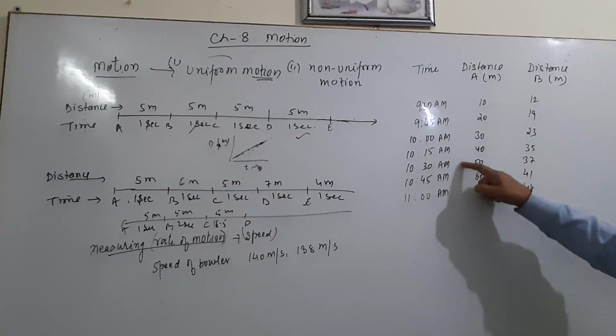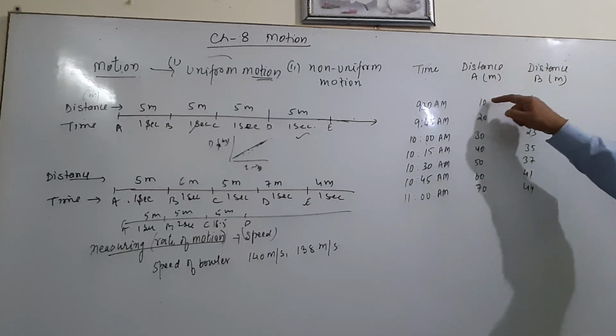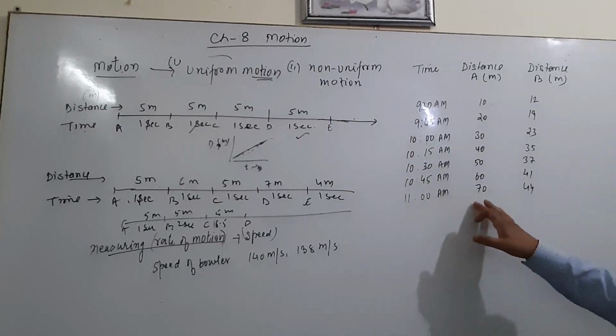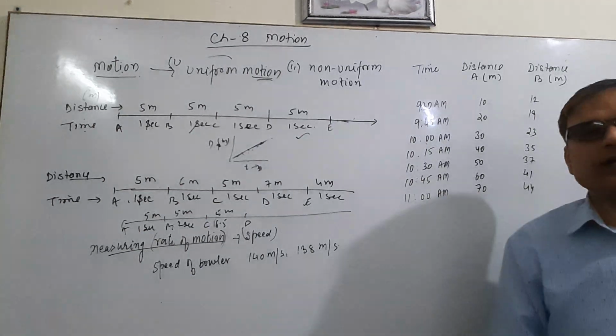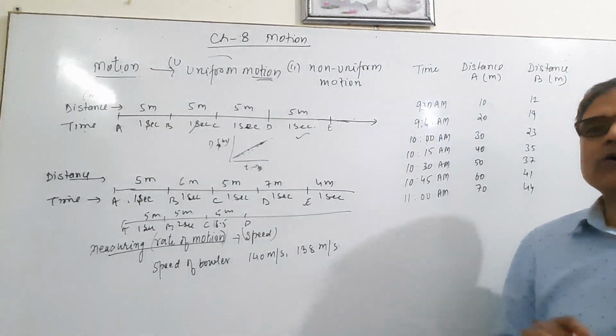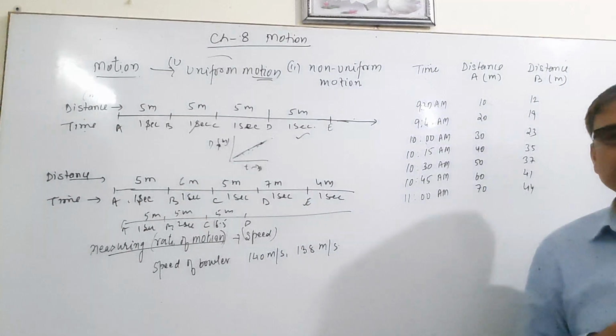What type of motion does object A have? And what type of graph will you get if you draw it between time and distance? Two questions arise from this: name the type of motion and what type of graph will form. Think and tell me the answer.